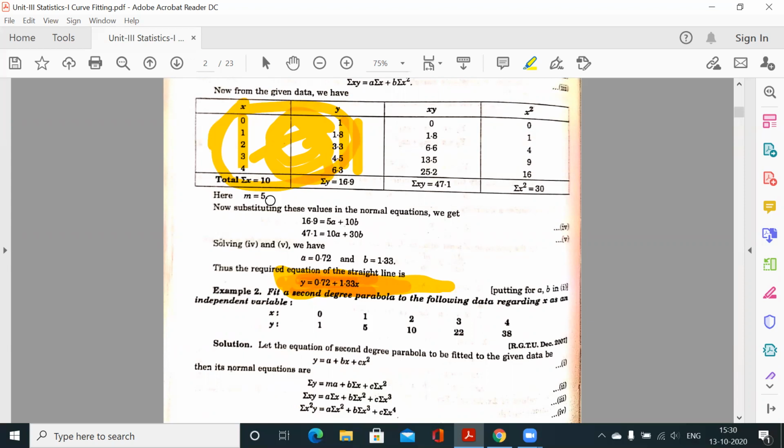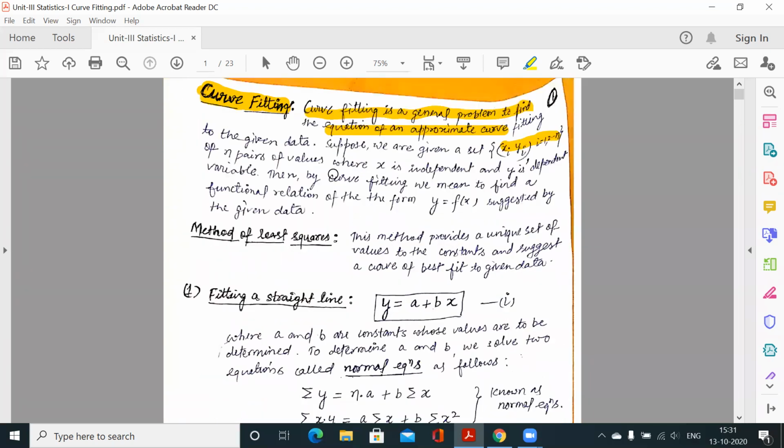If we get these values exactly for all of them, then this is an exact curve. Otherwise, if we get some errors, meaning we get values nearby and not exactly these, then this is an approximation of the curve. So curve fitting is a general problem to find the equation of an approximate curve fitting the given data.